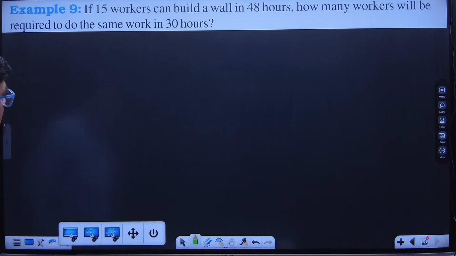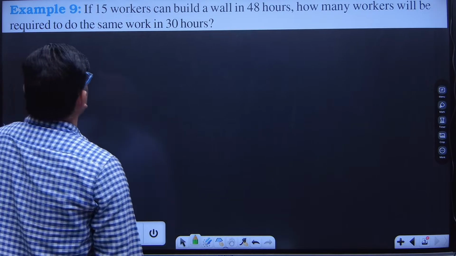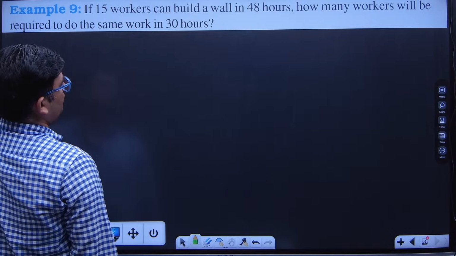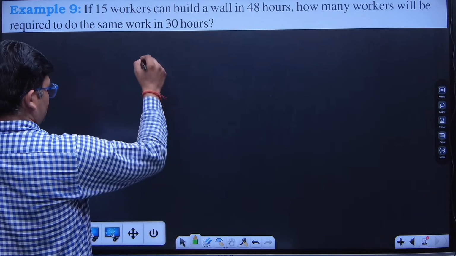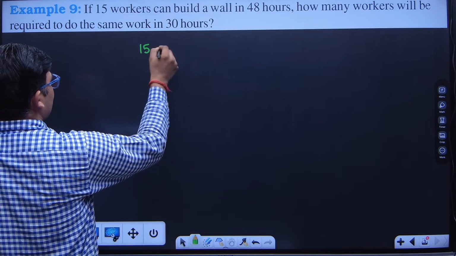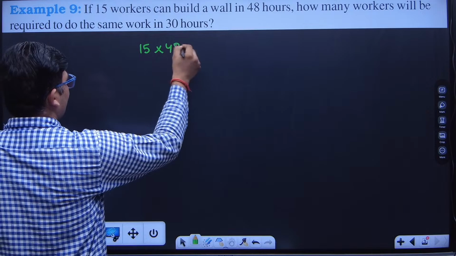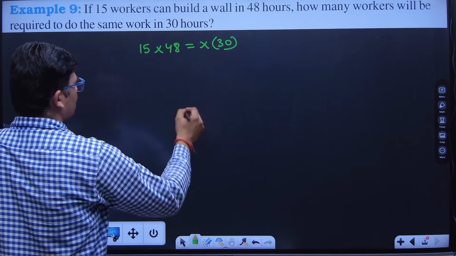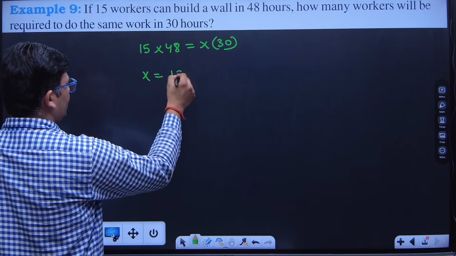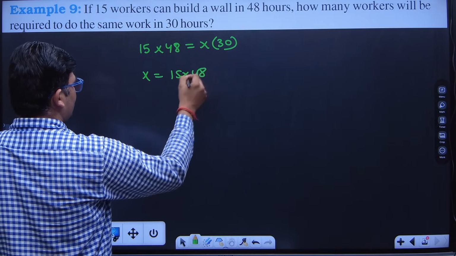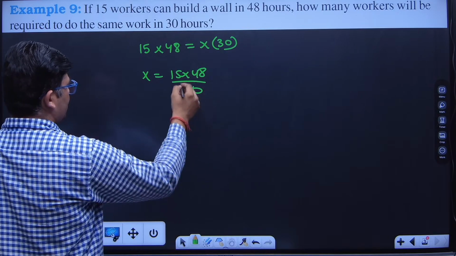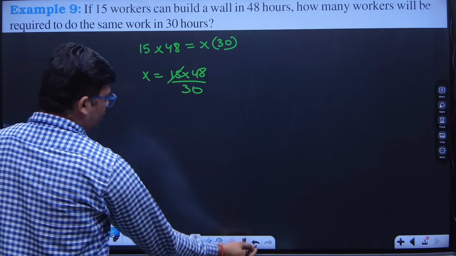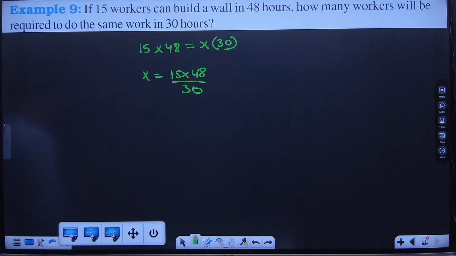Because less workers means more time, so more time means less workers. So that means the constant multiplication. So 15 into 48 must be equal to x into 30. So x will be equal to 15 into 48 divided by 30. Calculate the value.